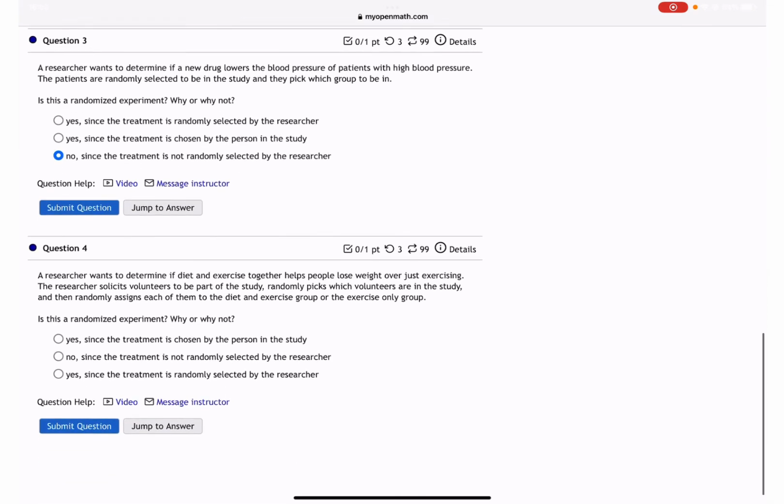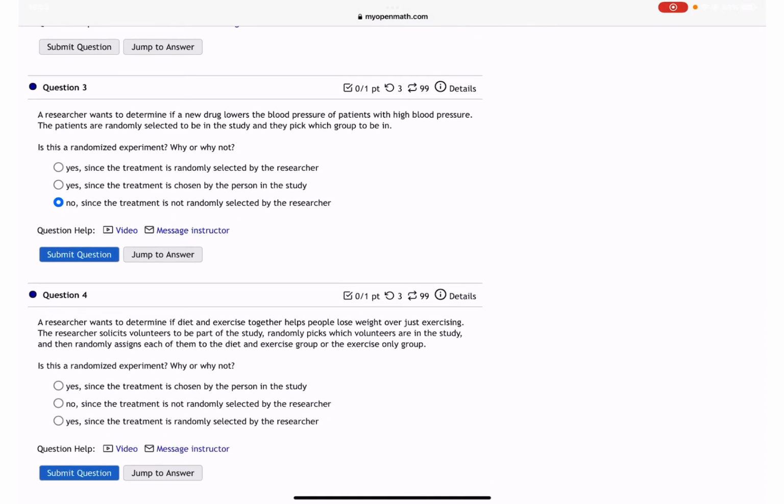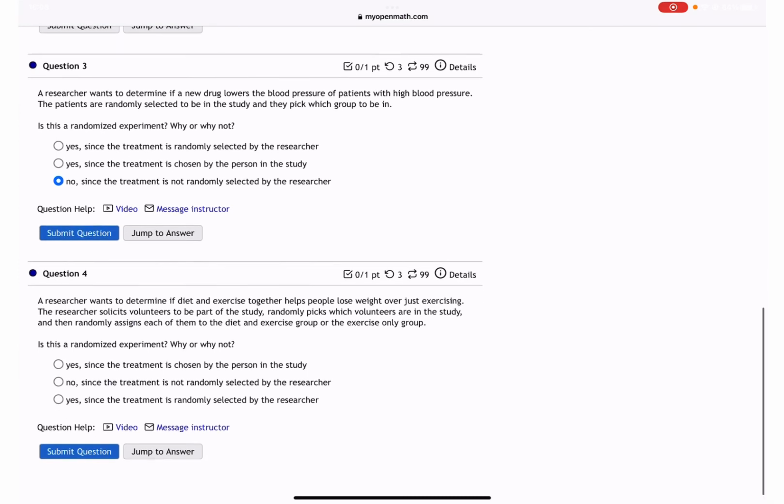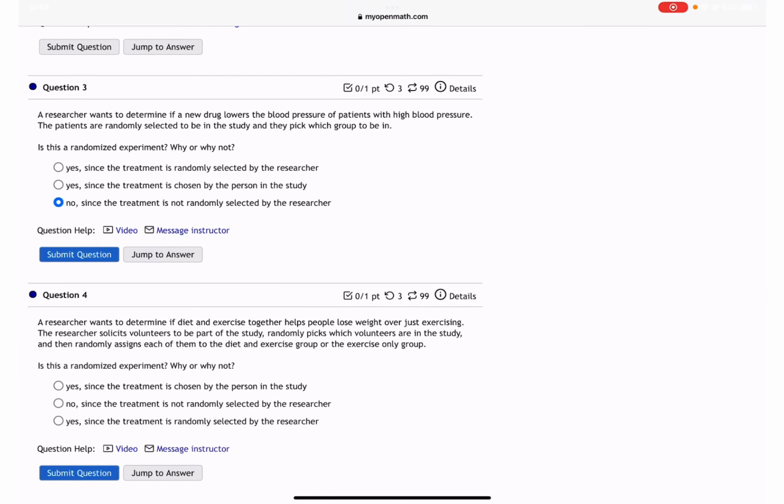Question number 4. A researcher wants to determine if diet and exercise together help people lose weight over just exercising. The researcher solicits volunteers to be part of the study, randomly picks which volunteers are in the study, and then randomly assigns each of them to the diet.